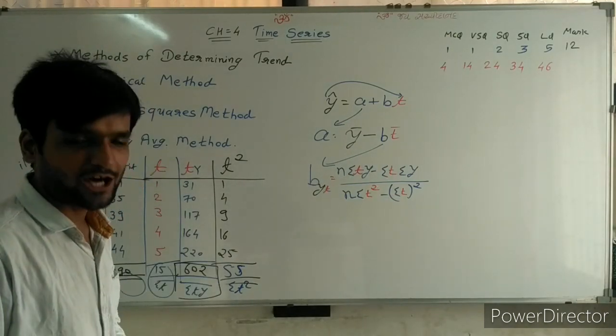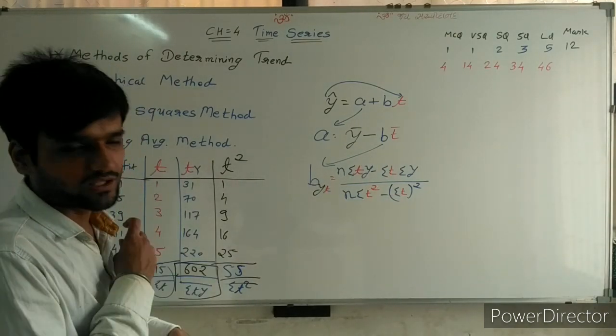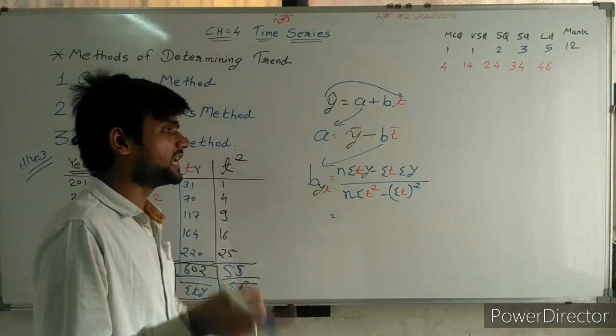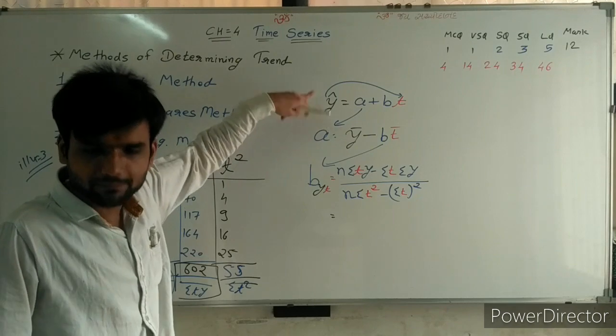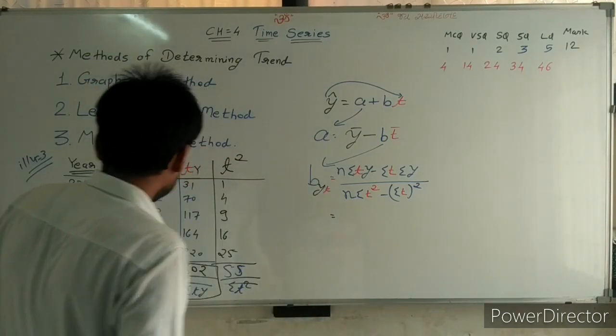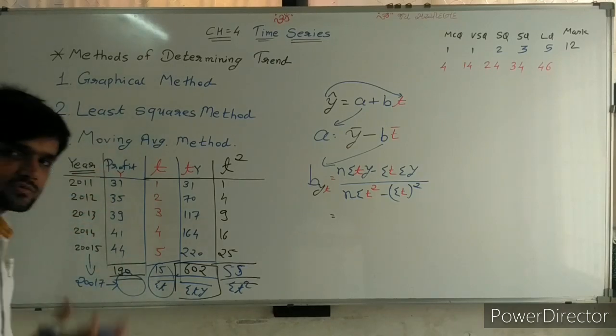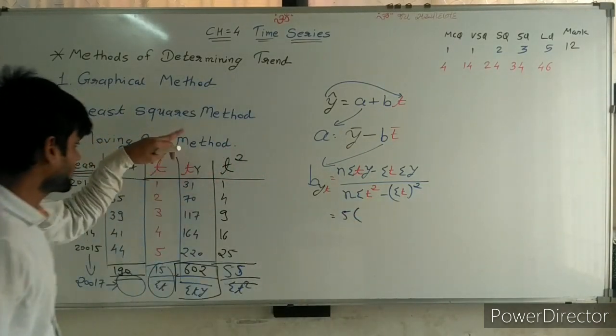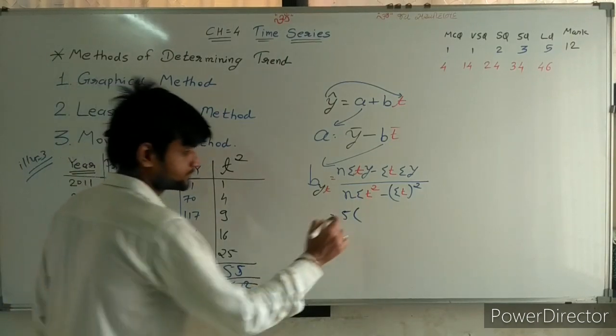So now to find b becomes easy. First of all we are finding b, then we are finding a, then we are finding y cap. Simplest one. So n is 1, 2, 3, 4, 5; 5 years are given. Sigma ty, 602.